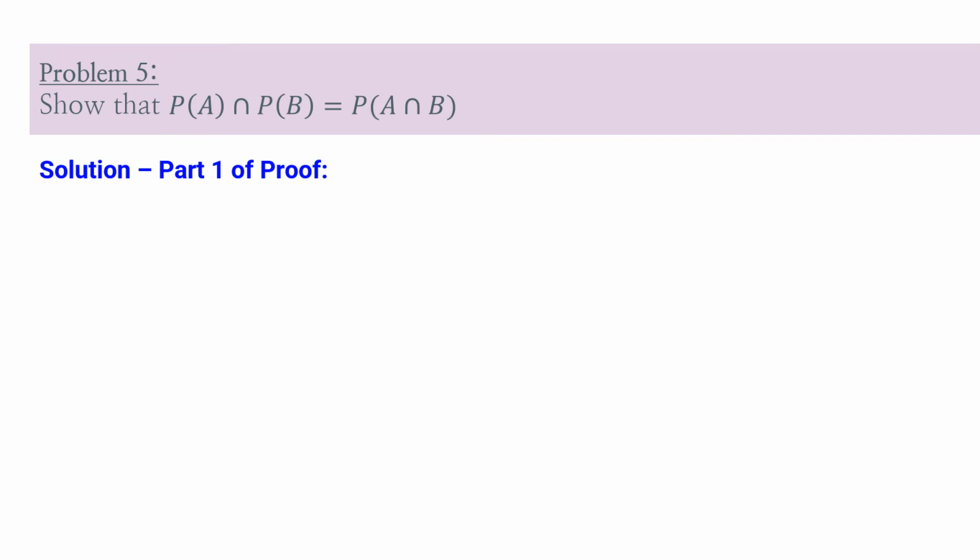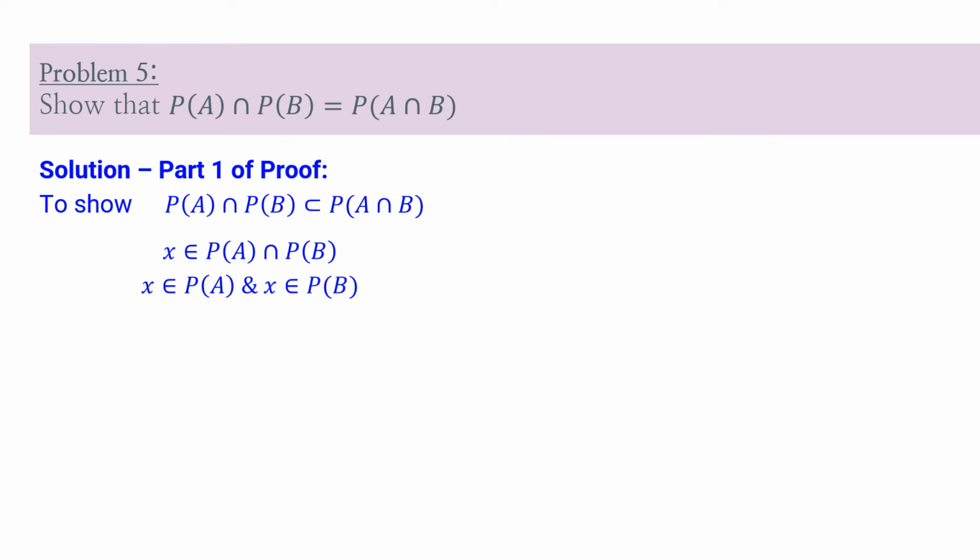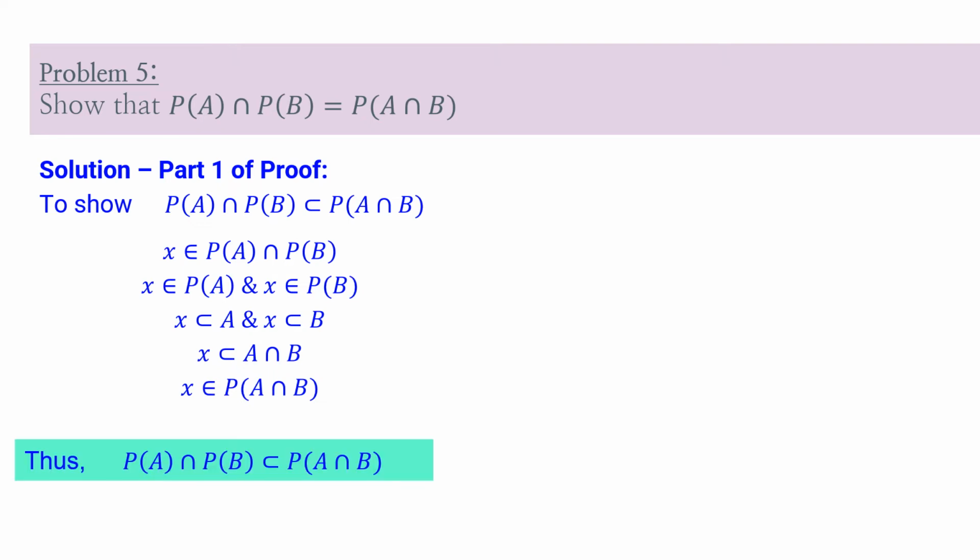In the first part of the proof, we will show that power set of A intersection power set of B is a subset of power set of A intersection B. We will start by assuming an element X in power set of A intersection power set of B. Since this element is in power set of A intersection power set of B, this element is in power set of A as well as power set of B. This means that this element is a subset of A as well as subset of B. This means that this element is a subset of A intersection B, and this means that this element is in power set of A intersection B. Thus, power set of A intersection power set of B is a subset of power set of A intersection B.